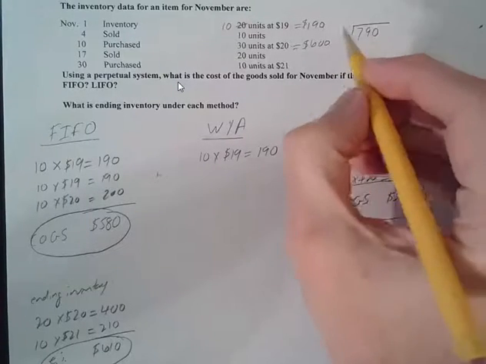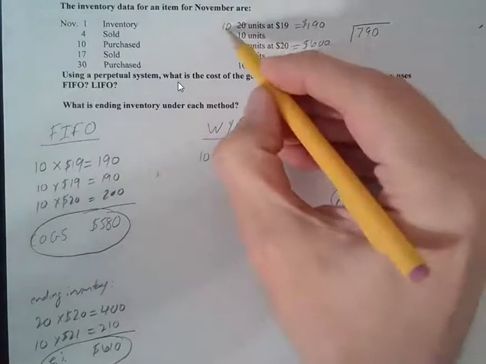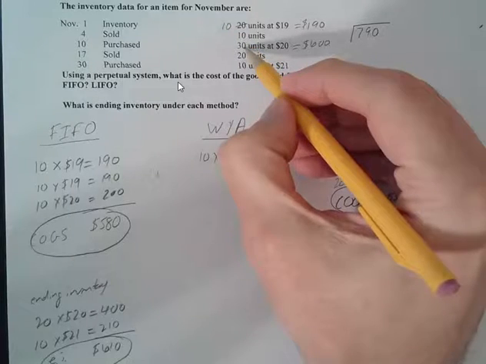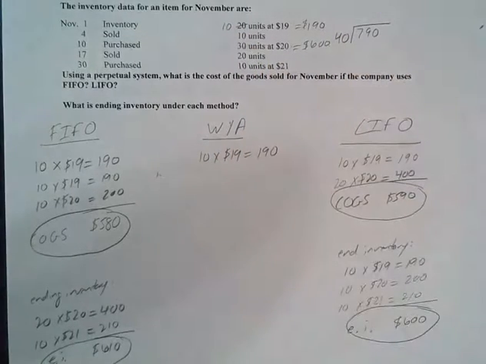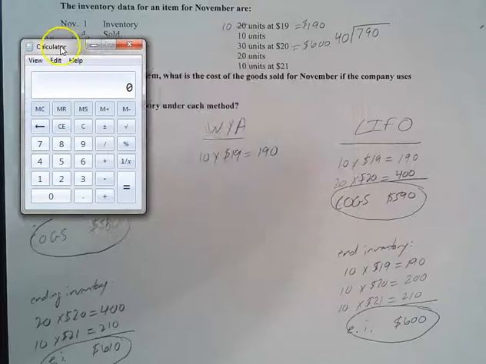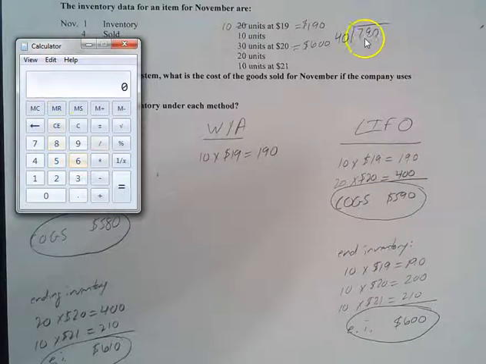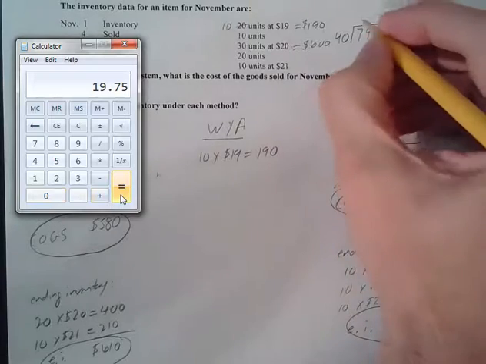And we're going to divide by 10 plus 30, which is 40. So $790 divided by 40 equals $19.75.